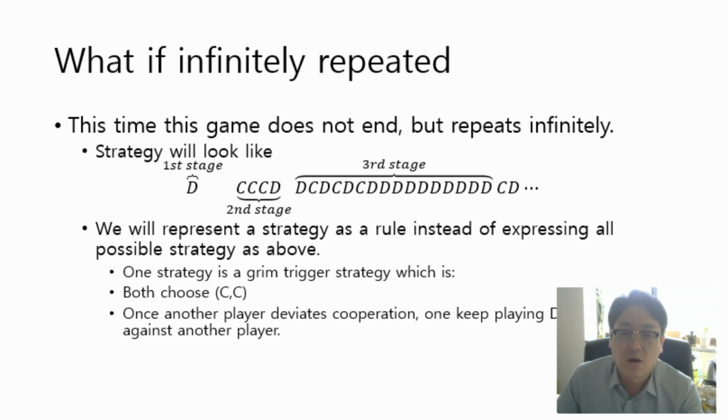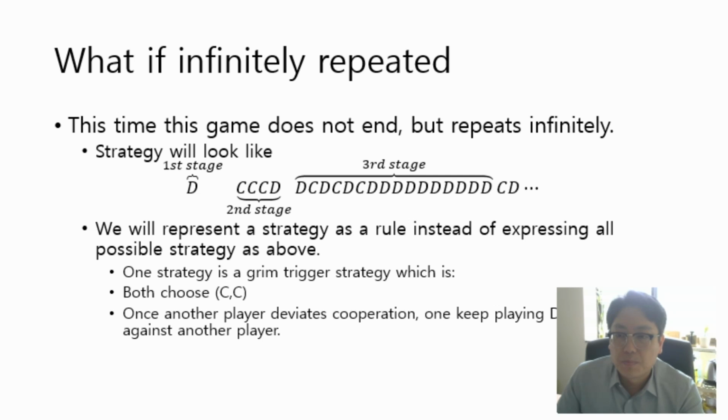So it consists of four different actions they will choose when each information set is reached. For example, CCCD. In the third stage, because one Prisoner's Dilemma game generates four different kinds of nodes, there are four Prisoner's Dilemma games, so 4 times 4, there are 16 different information sets they can choose.